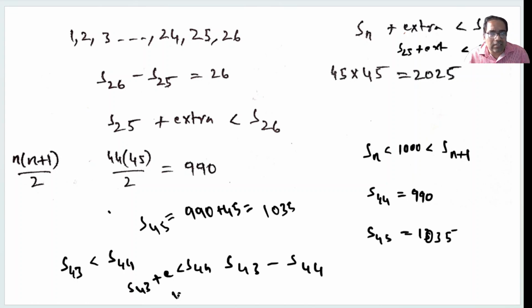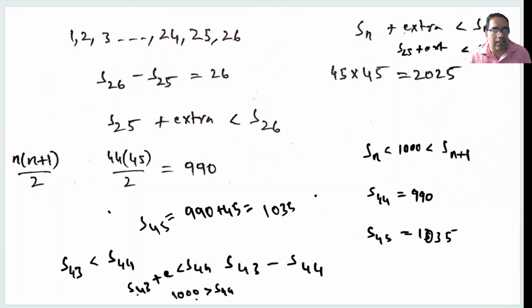And 1000 is greater than S44. So there is no way this 1000 can lie between S43 and S44. Right? 1000 can only lie between S44 and S45.